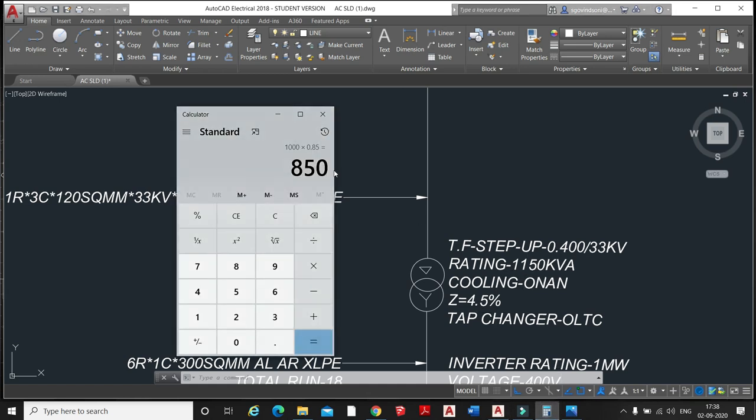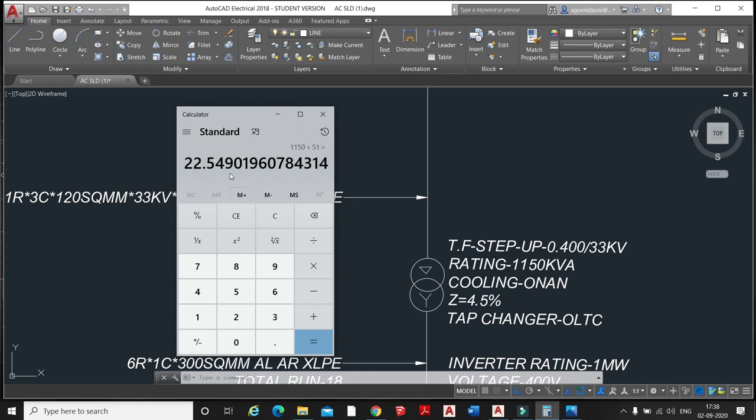How can we calculate? We know that the rating of the transformer is 1150. The power is equal to root 3 VI cos phi. So 1.732 into voltage 33 kV into power factor 0.9, and we divide 1150 by that.